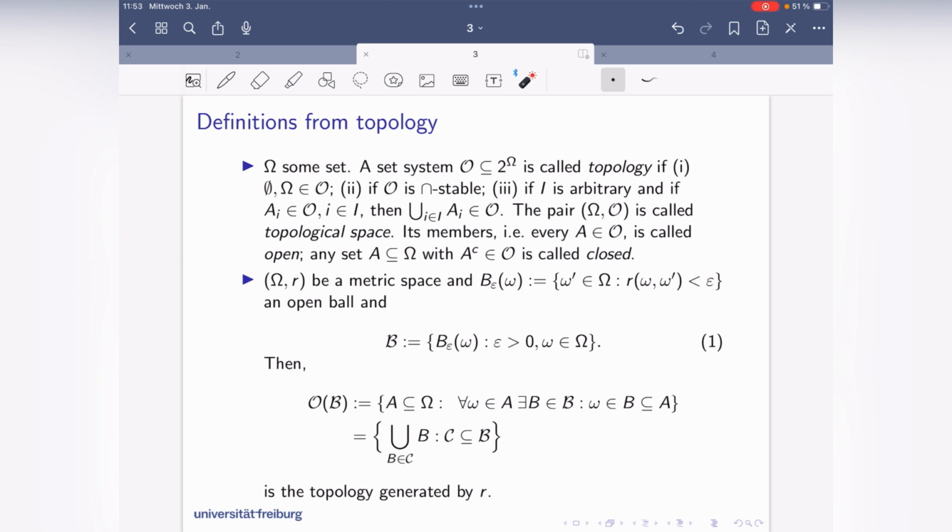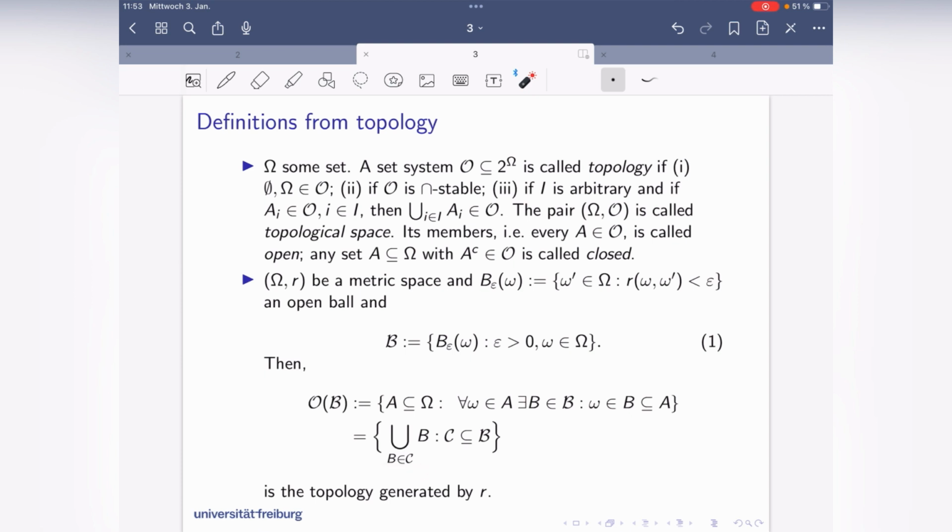And as with rings and sigma algebras, I can have topologies generated by a set system. And this B here is a set system. And it generates a topology, which is this one here. It's like this here.